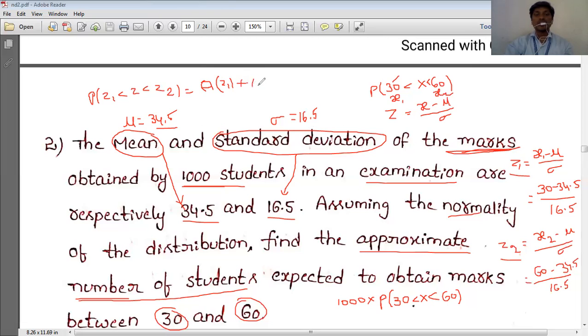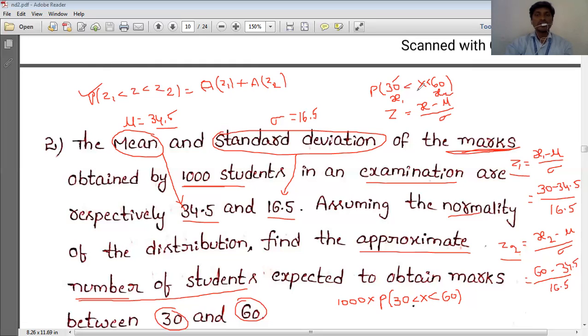Step 2, first A. In that A, case 1 and case 2, this is coming under case 2. By using that, we need to calculate area of Z1 and area of Z2 by using normal distribution values. Then we get the probability of students that lie between 30 and 60.